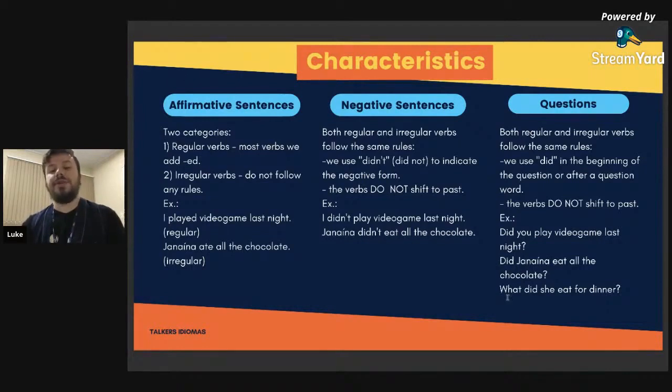And then we have an example with a question word. What did she eat for dinner? So as you can see, what is more important in the sequence, let's say. And then we put what or when, where, how, who in the beginning of the questions.